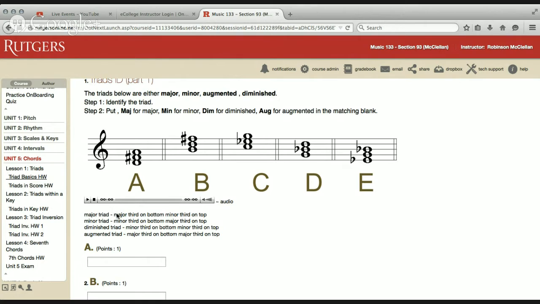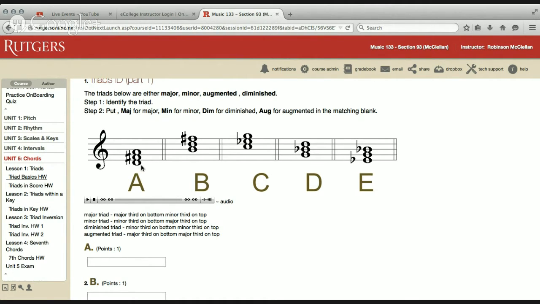The way I've always taught this in live classes is there's a kind of triage process, if you're familiar with medical processes, where you try to get to the core of it as quickly as you can by ruling out possibilities. With a chord, the first thing you can look at is the interval between the outside notes, the bottom note and the top note, which is always going to be a fifth if the chord is in root position.